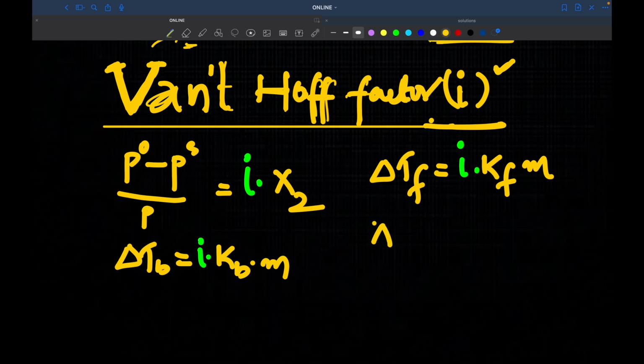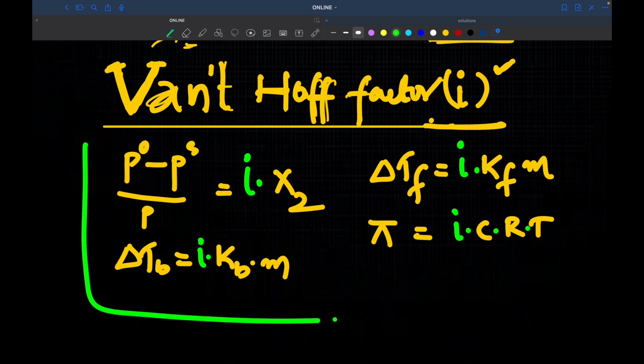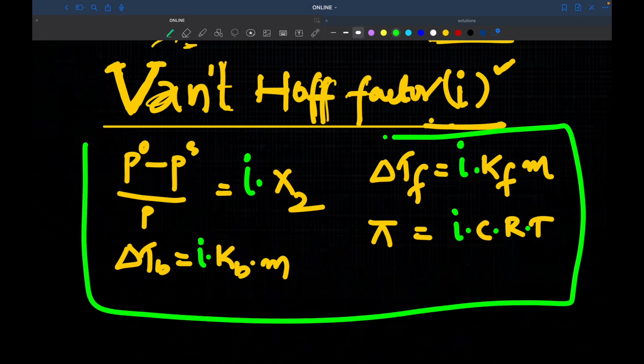Pi equals CRT. This is the osmotic pressure, so it has to be corrected by i. So these are the colligative properties corrected by the Van 't Hoff factor.